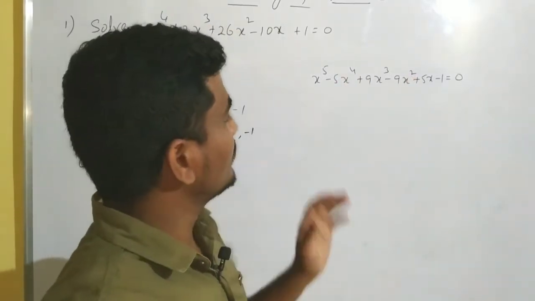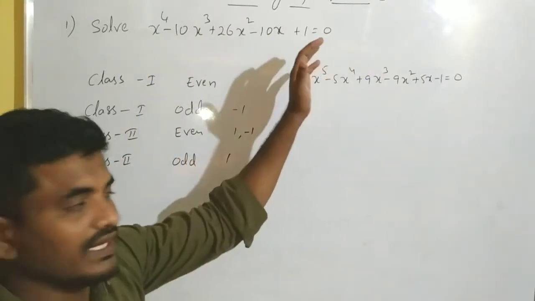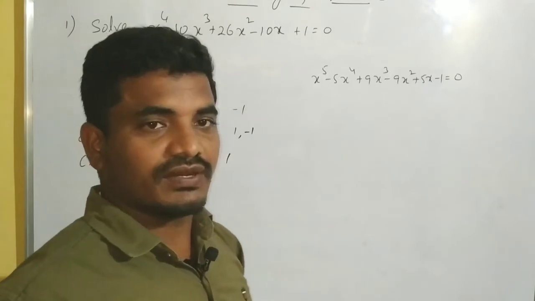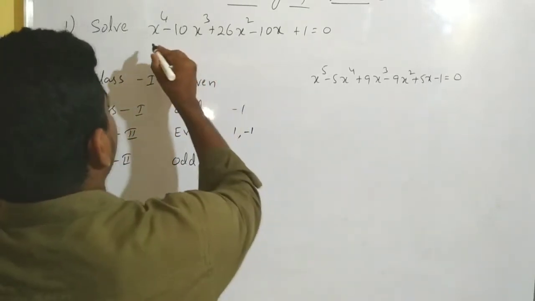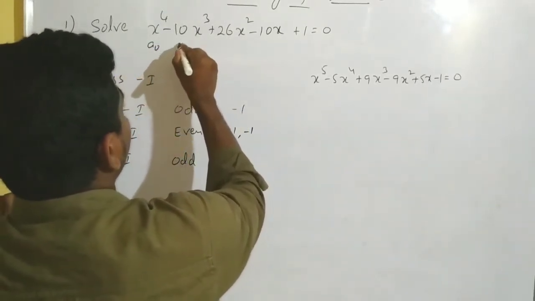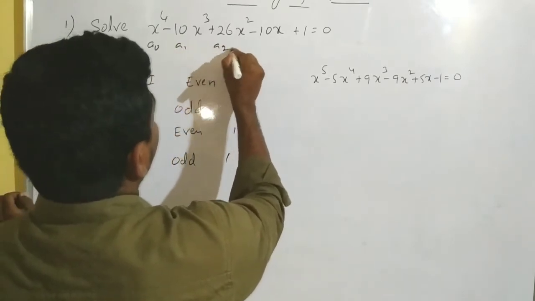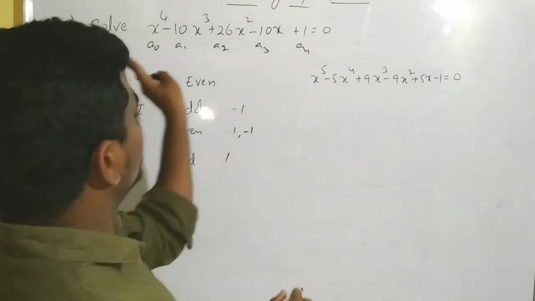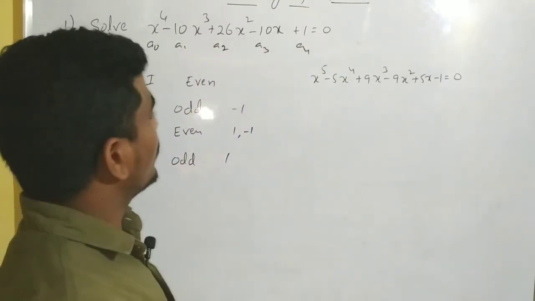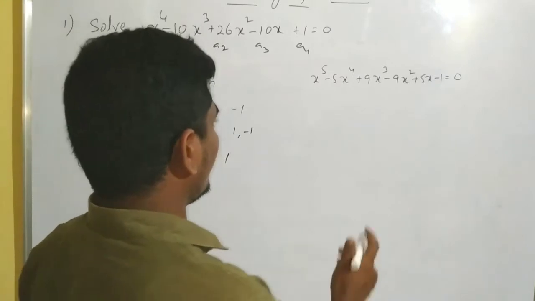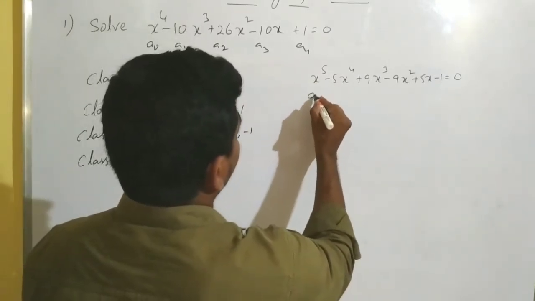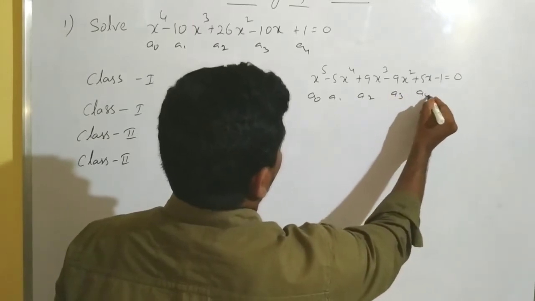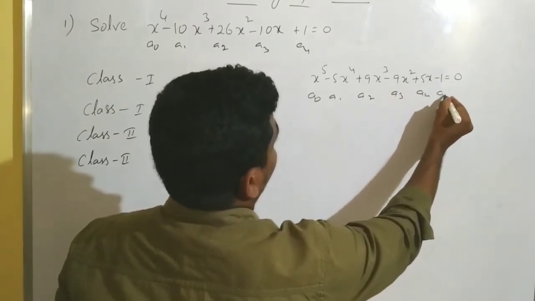After this, we have to classify the equations as class 1 or class 2. To check whether it is class 1, we first write the coefficients: first, second, third, fourth and fifth. So 5 coefficients, 5 terms are there here: A0, A1, A2, A3, A4, A5.